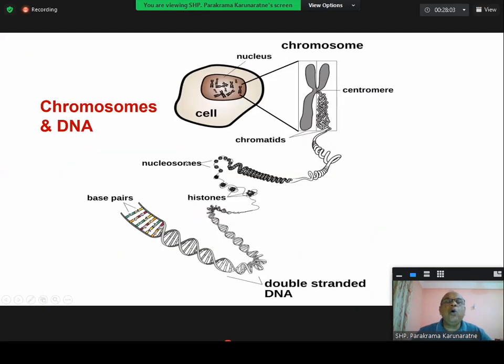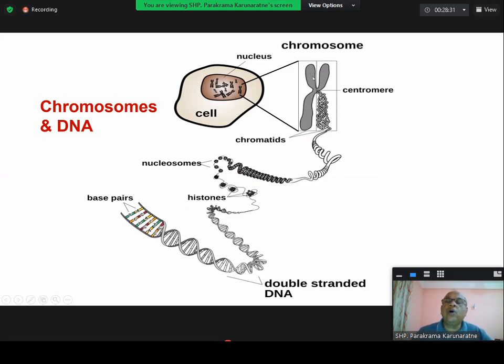Okay, we will go to see this chromosome. Inside the cell you can get the nucleus, and inside the nucleus you can get chromosomes. These chromosomes cannot be seen during the normal time, but during cell division they are very important.